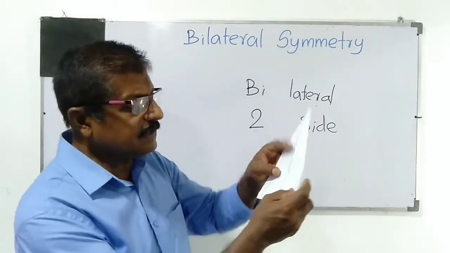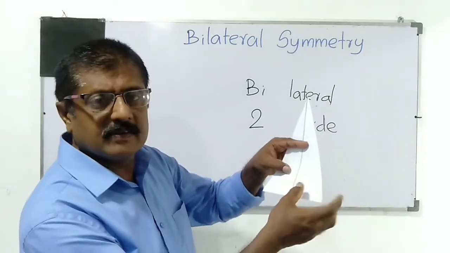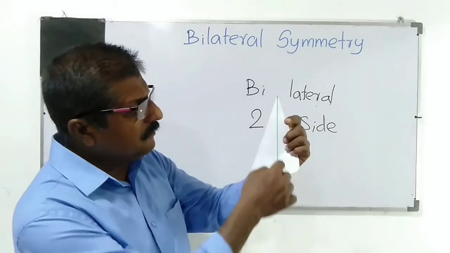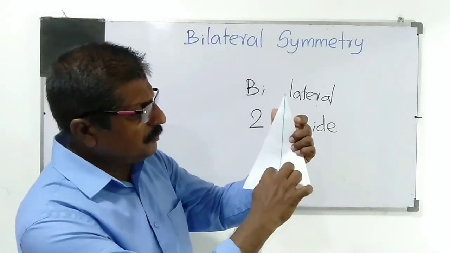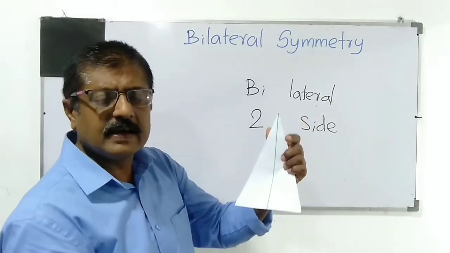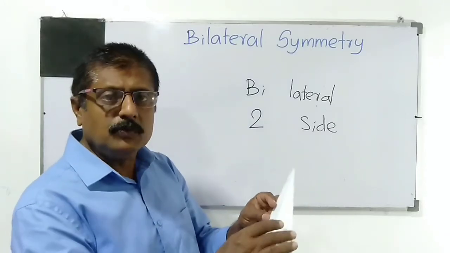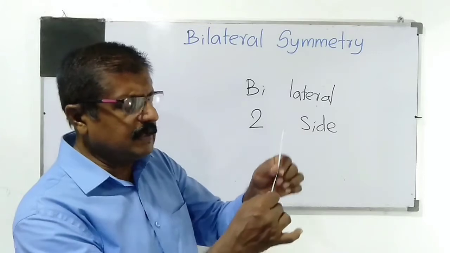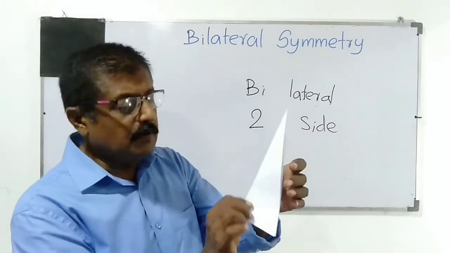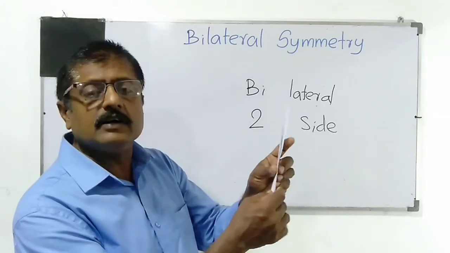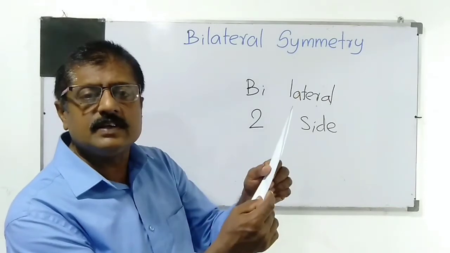Therefore, now we can understand from this line, all these measurements on either side are equal. Therefore, now you can fold this figure along this line such that the two halves coincide with each other.